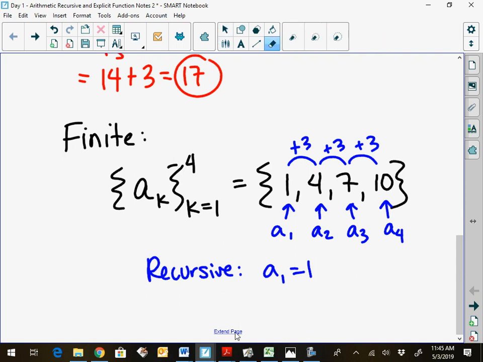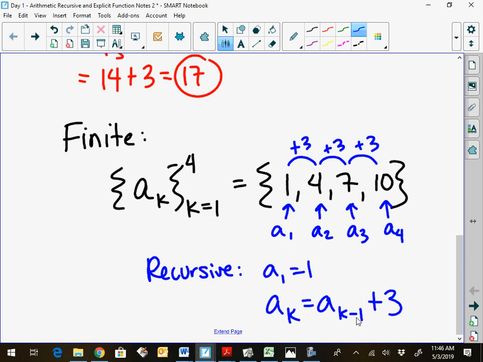We would say a sub k equals a sub k minus 1, and I'm saying sub like a subscript, so that's why it's written below. It's kind of like an exponent, but it's written below. It's like the base of a logarithm, but we're not talking about logarithms. Plus, and then this one also was plus 3.